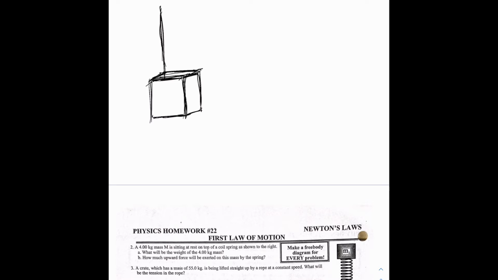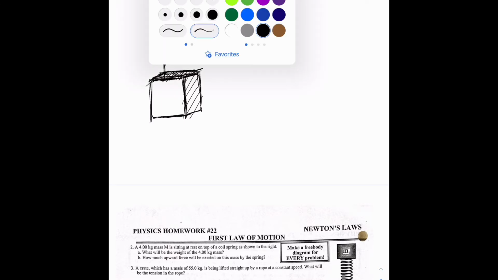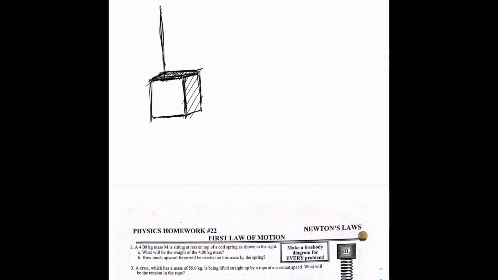I should really step up my drawing game. That's a little bit better. Okay, so we have this crate attached to this rope, and it's moving up. But in the drawing itself, you're not going to be able to tell it's moving up. So we're going to have to add that.